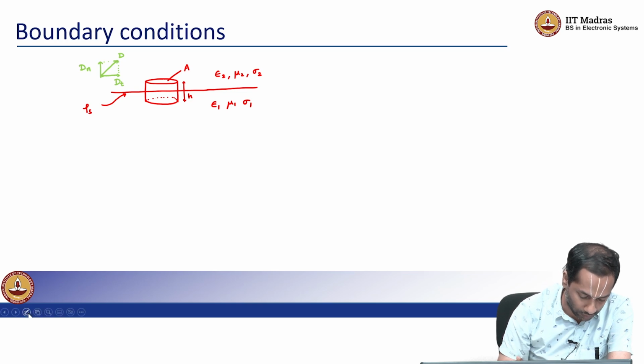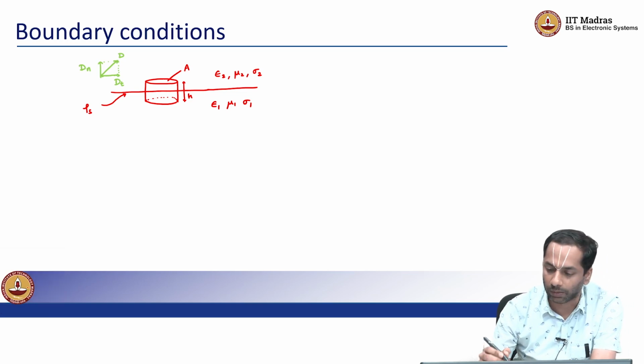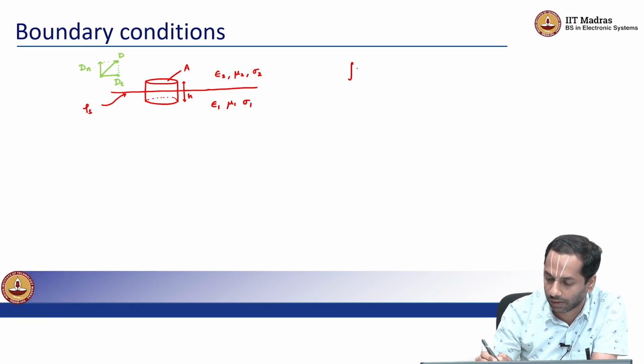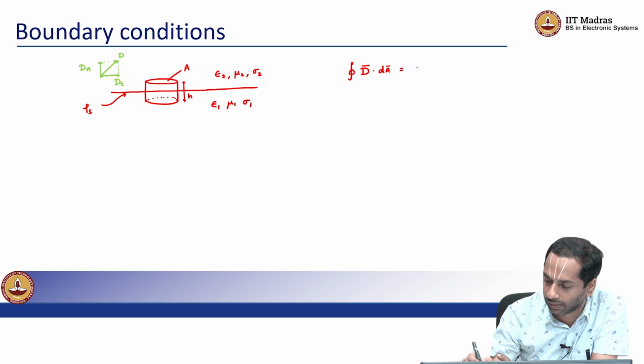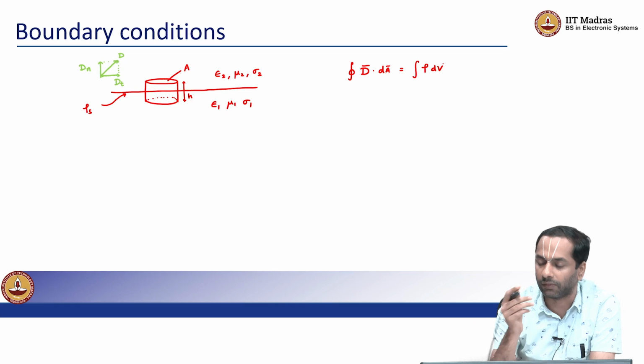So, let us recall the Maxwell's equation. The volume that encompasses has a certain closed surface, right. So, the closed surface integral of d dot dA is the volume integral of rho times dV.